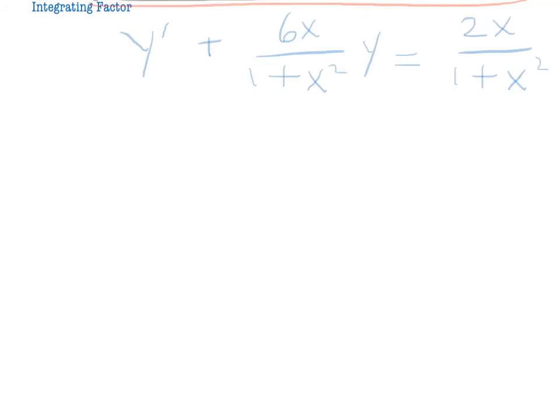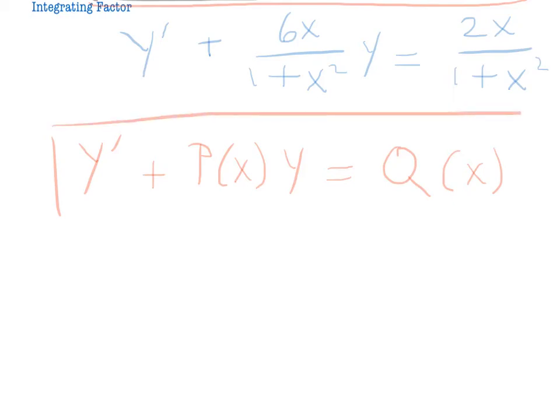Okay, so here is my problem in blue. And the question is, is this actually in standard form? And remember, standard form basically said the following. I need to bring my problem to look like that. If you actually look, I have a y prime here and a y prime here.